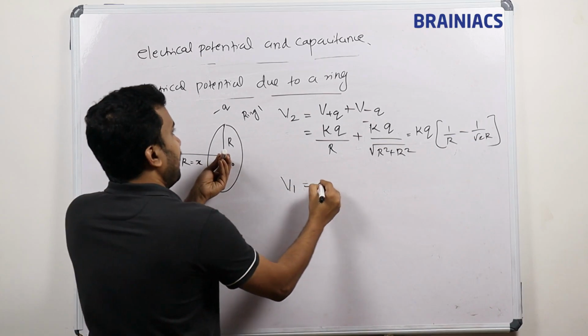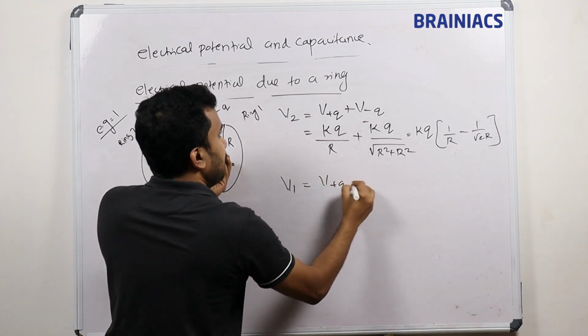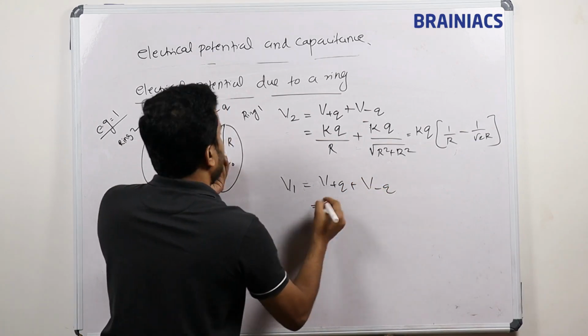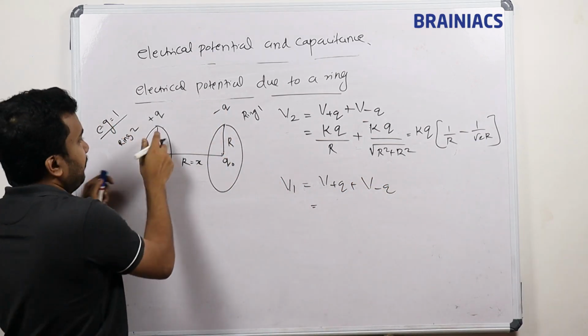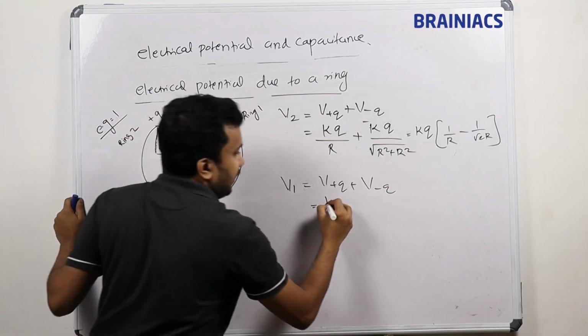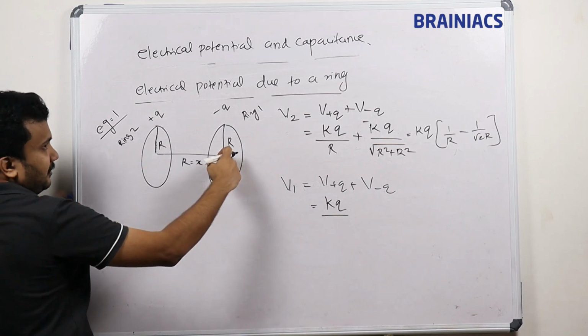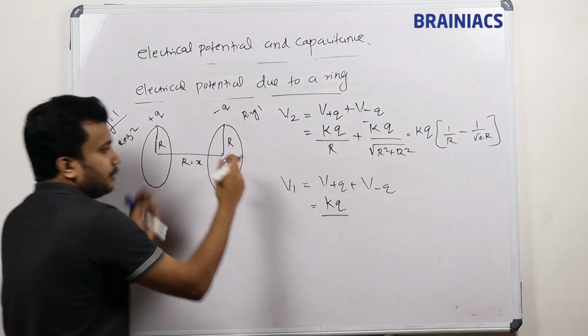So the potential at both of the charges is the potential due to plus q plus the potential due to minus q. What is the potential due to plus q? From here, this is a plus q. From here to this point means kq divided by root of r square plus x square, where x square means r square, for a ring at a distance of x meter.